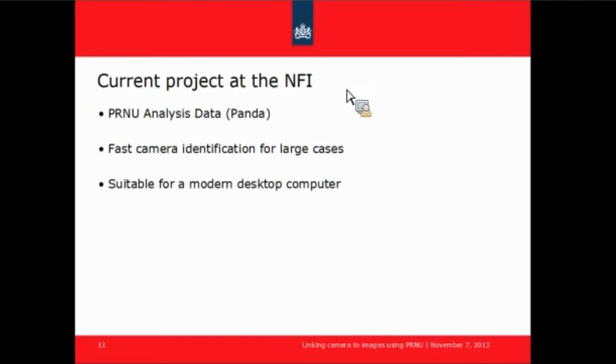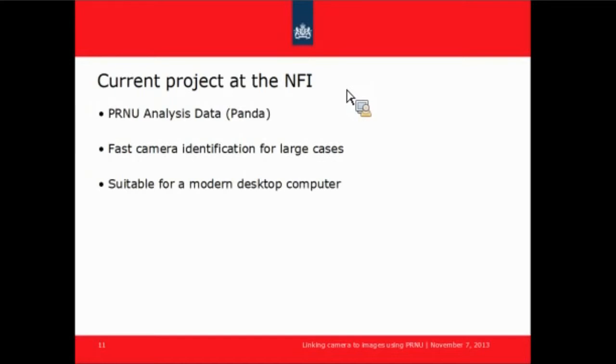So the previous case with the BlackBerry, the software was fine. It went fast enough. But when you have a large database, for example a child pornography case, they can have thousands and even millions of images. And if you want to compare these, it's going to take years to compare all these images.